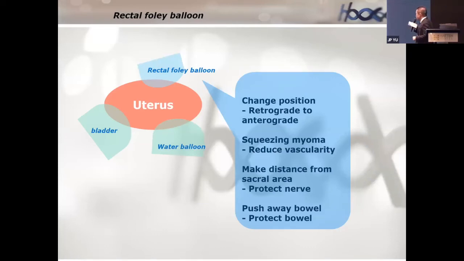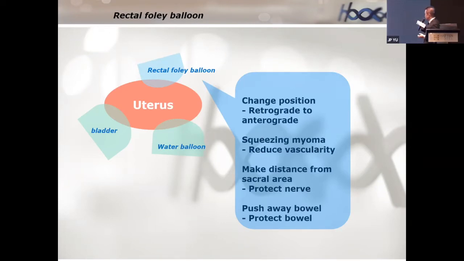First, when we treat uterine fibroid or adenomyosis, sometimes the lesion is located in the posterior wall, and sometimes the uterine position is retroverted. A retroverted posterior wall lesion is hard to treat. Sometimes the lesion is too far, so the therapeutic distance cannot reach. In that case, we cannot treat.